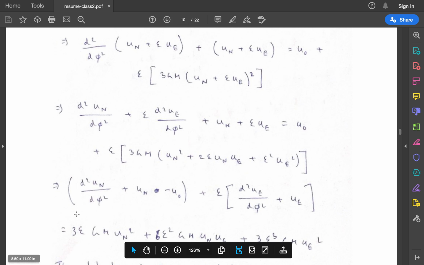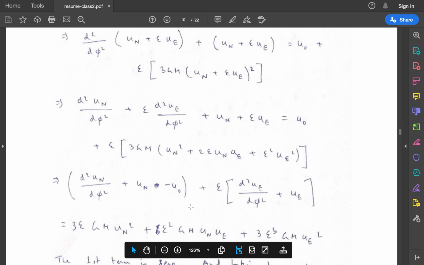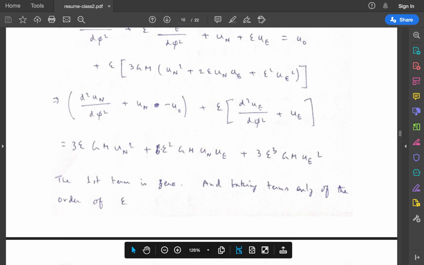But why have I grouped this term? Because this is 0. This is the Newtonian equation and it is equal to 0, and this is the Einstein part, which is of the order of epsilon, and these others are of higher order in epsilon.